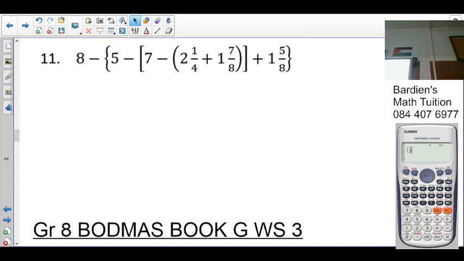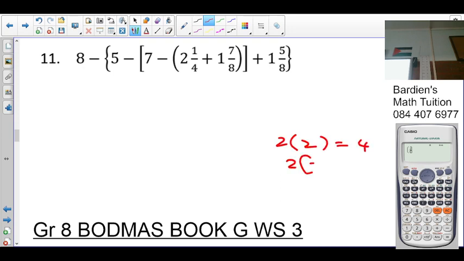People, what's the difference between the curved brackets and the block brackets, the squiggly brackets? All the same, no? Because if I have 2 bracket 2, what does that mean? What's that answer? 4. So the brackets mean nothing. It's just that if this bracket starts there, it ends there.